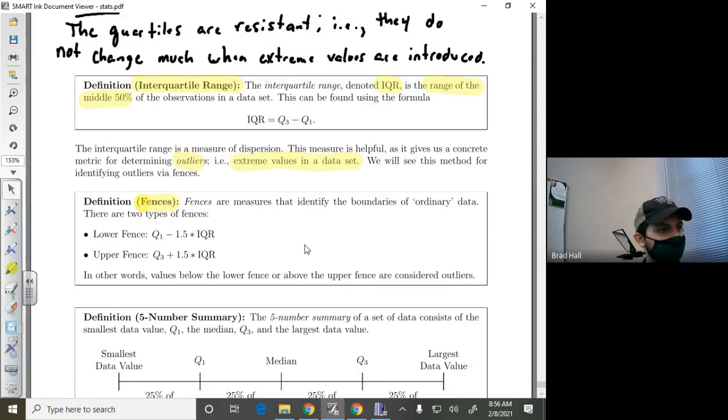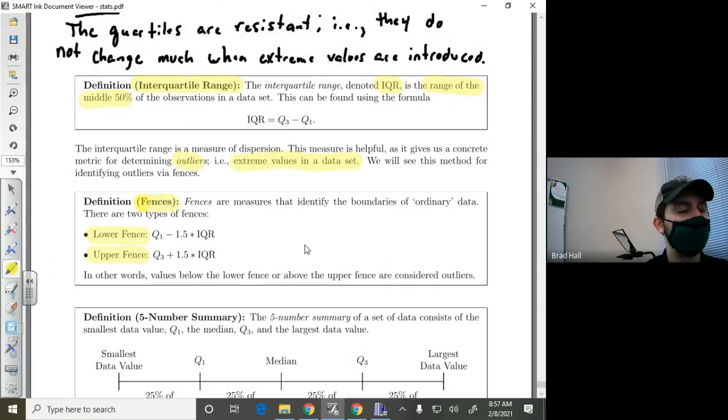There are two types of fences. Of course, there's a lower fence, and notice how these are computed. The lower fence requires you to know the quartiles and the interquartile range. There's also the upper fence, which is very similar. One's a subtraction and one's an addition.